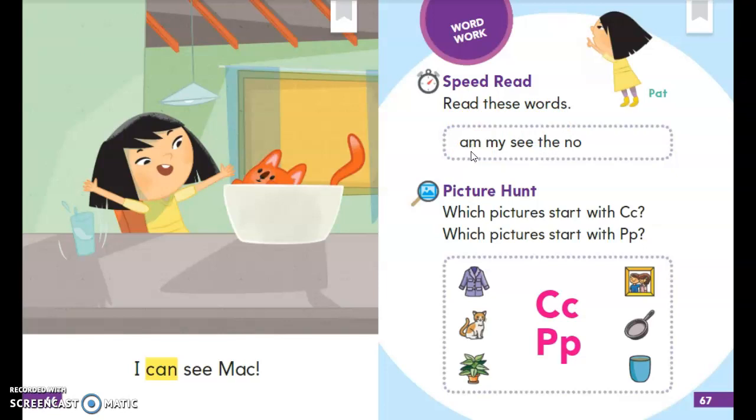The first word is am, and we have my, see, the, and the word no. I'm going to read them one more time for you, and then you're going to speed read. Am, my, see, the, no. Now it's your turn. Ready? Go.